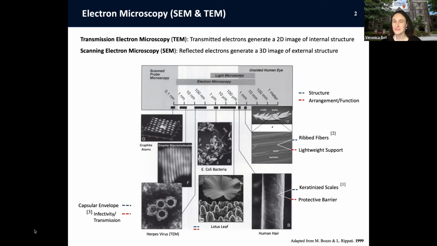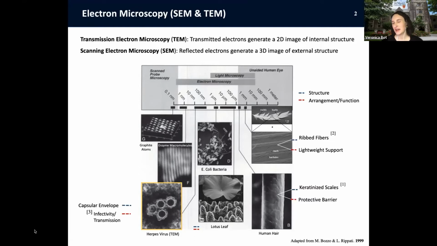Two general types, very broadly speaking, are TEM and SEM, very different modes of action. TEM generates very detailed images of the internal structure. For example, the herpes virus, this is a very nice image with the capsular structure, sort of looking at the internal structure.